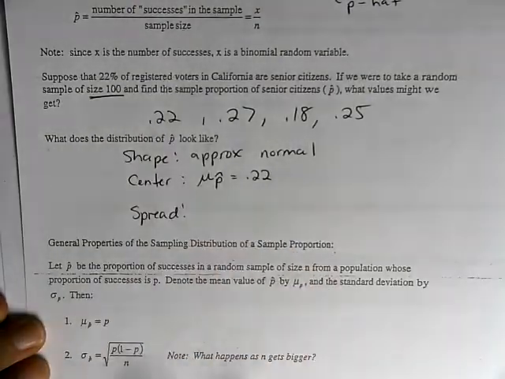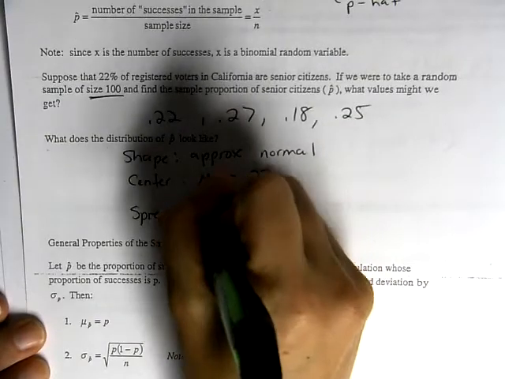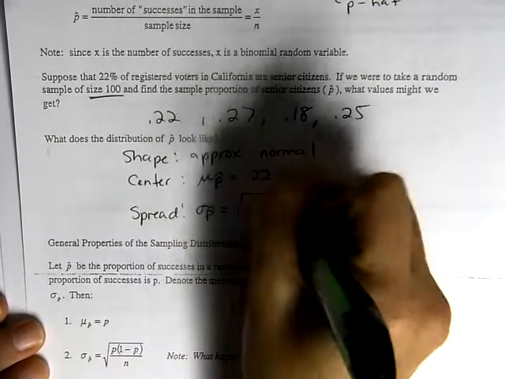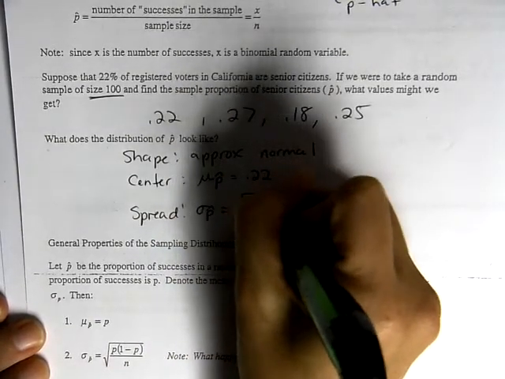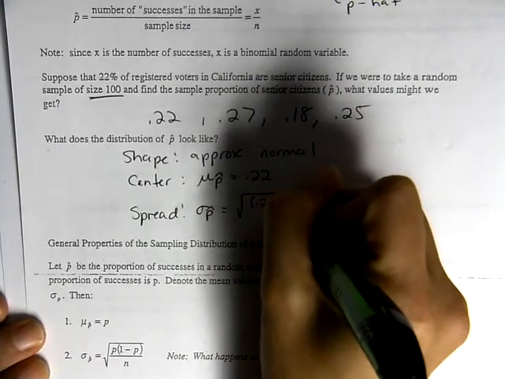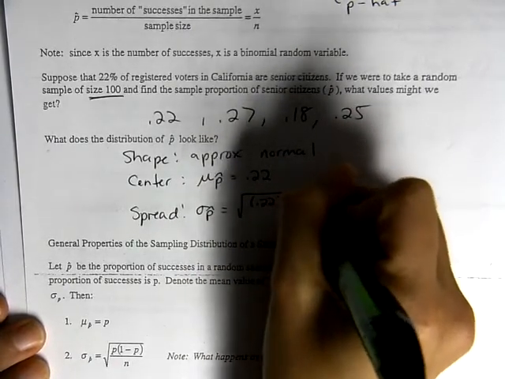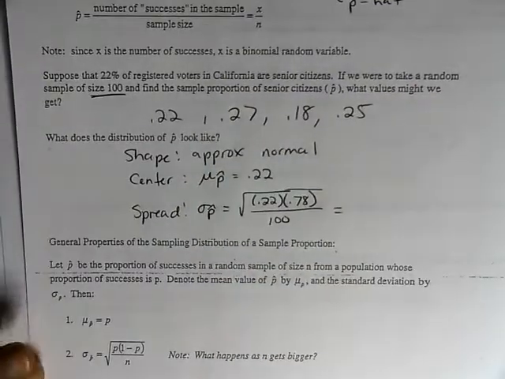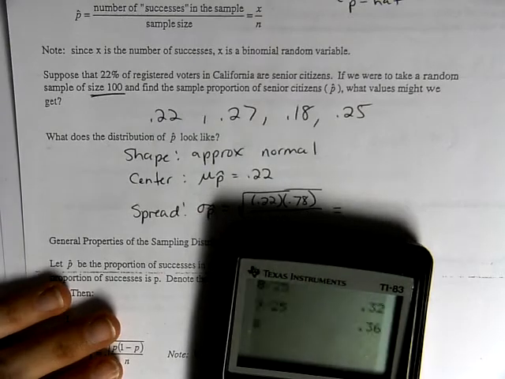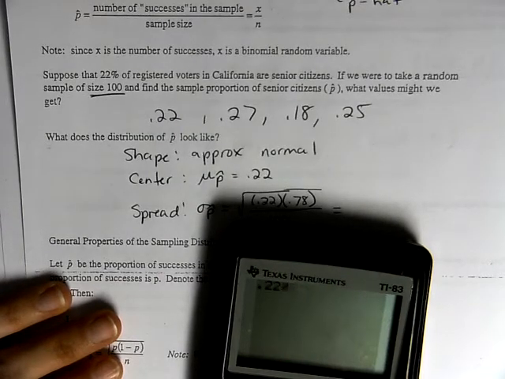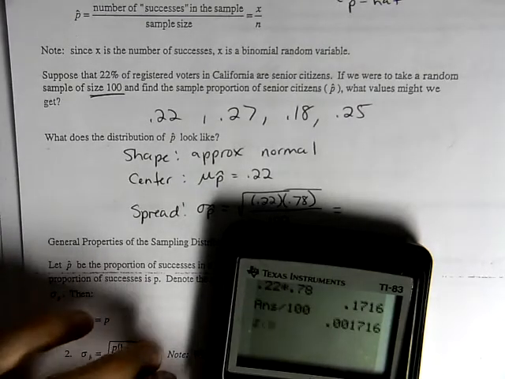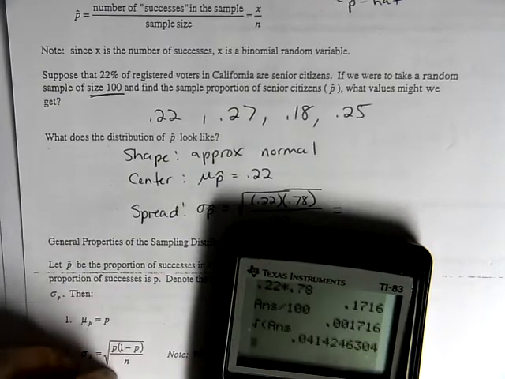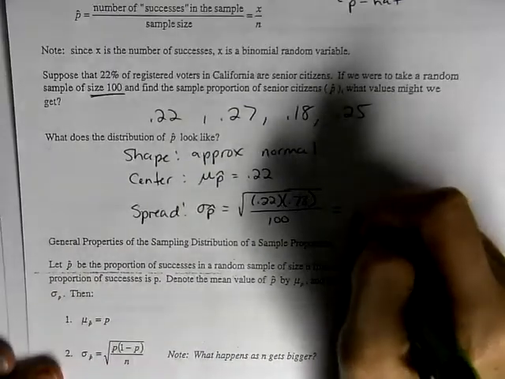Sigma of P hat will be the square root of 0.22 times 0.78 divided by 100, the whole thing, and I'll explain why in a second. That comes to 0.041.